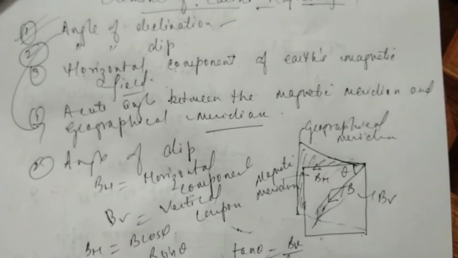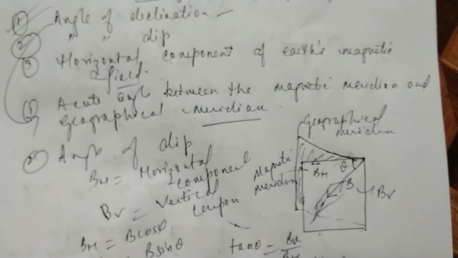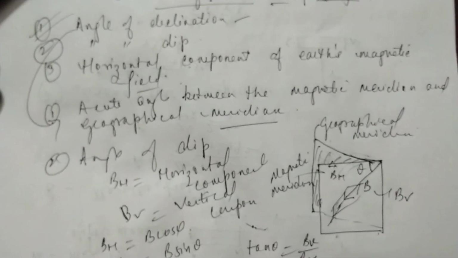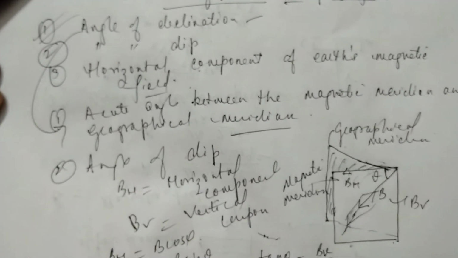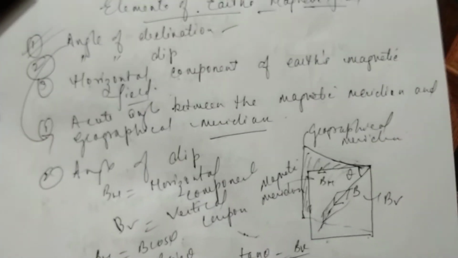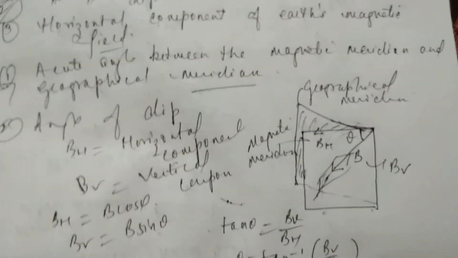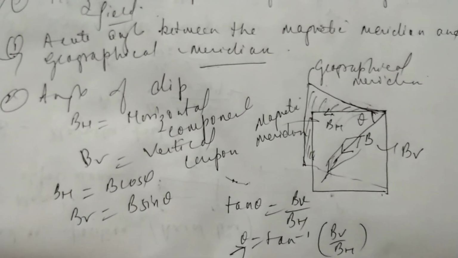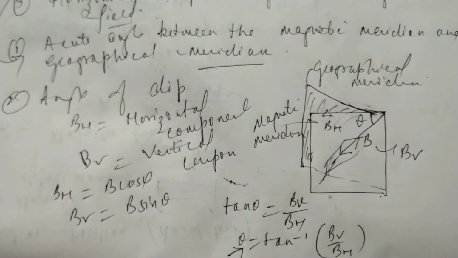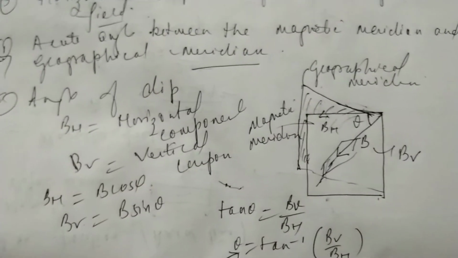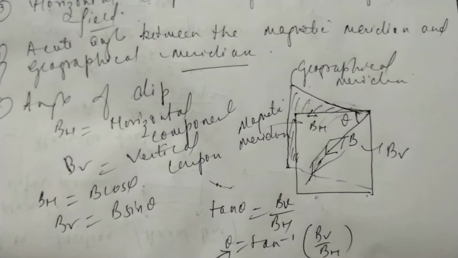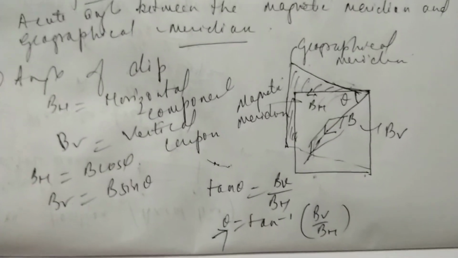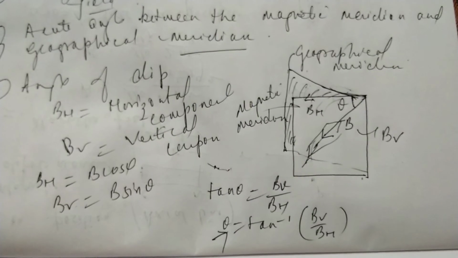You can see that the angle between BH and B is theta, and theta is known as the angle of dip. The value of theta is not the same, it varies from the equator to the pole. BV is the vertical component of the Earth's field, and BH is the horizontal component. BH equals B cos theta, BV equals B sin theta. If we divide these two equations, we get the value of theta.